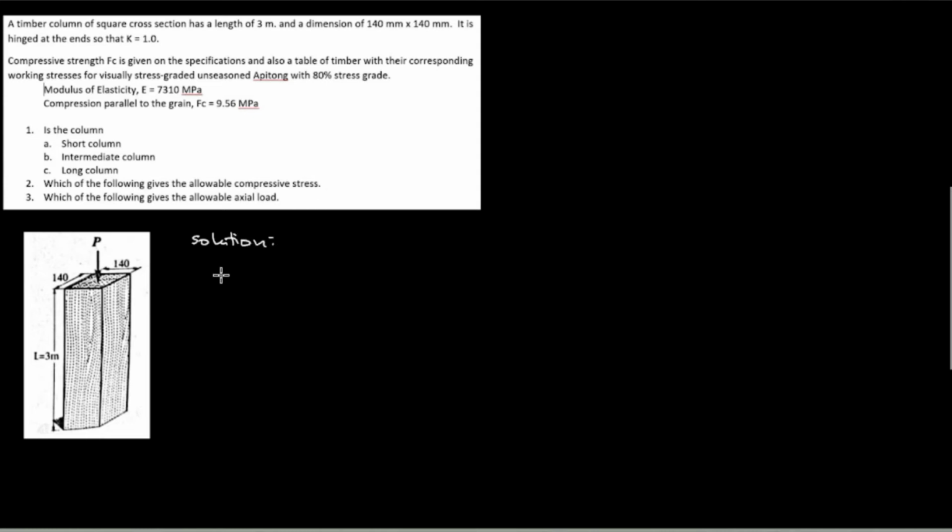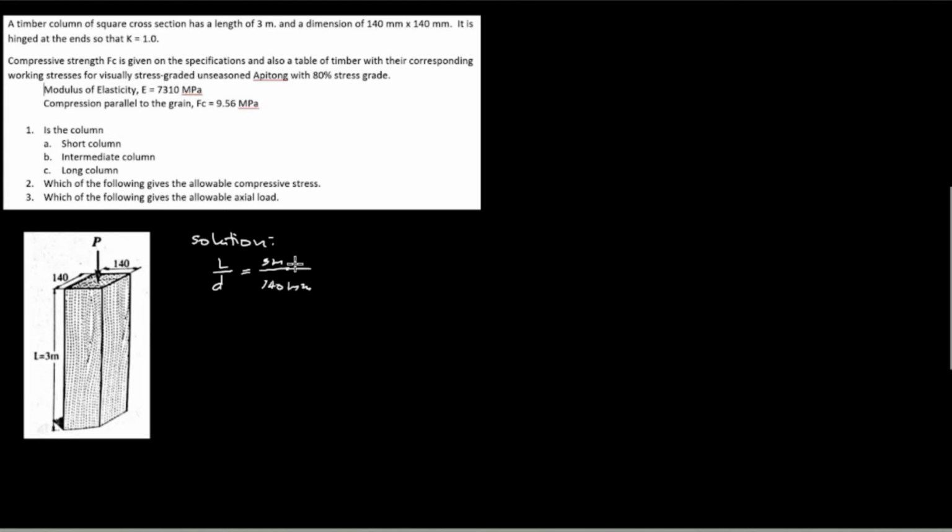Let's find the ratio of the length over the cross section D, L over D, and it is equal to the length of the column, which is 3 meters, and D of the cross section is 140 millimeter.